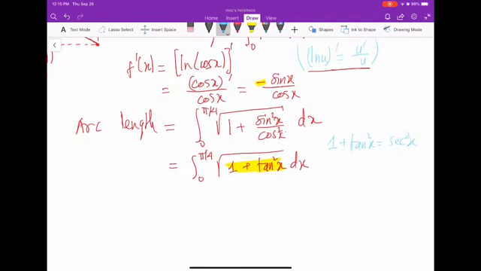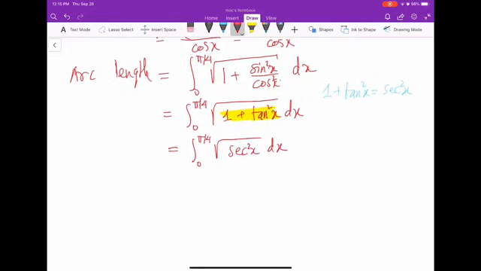So I will rewrite this integral as 0 to pi over 4 square root of secant square of x dx. Okay, so here, square root of secant square, I need to write separately, right? Because that is a common mistake. When you have square root of secant square of x, that will be absolute value of secant of x. So we cannot write just secant of x, right?